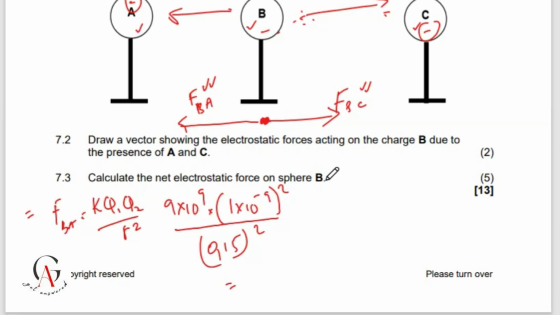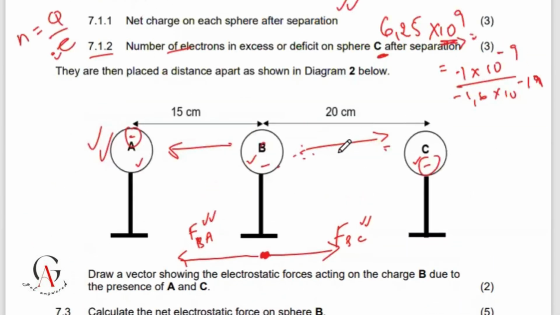In the answer, we're dividing by 0.15 squared. That's going to give us 400 newtons. So let me just focus on this, and I'll take this to be a point charge.